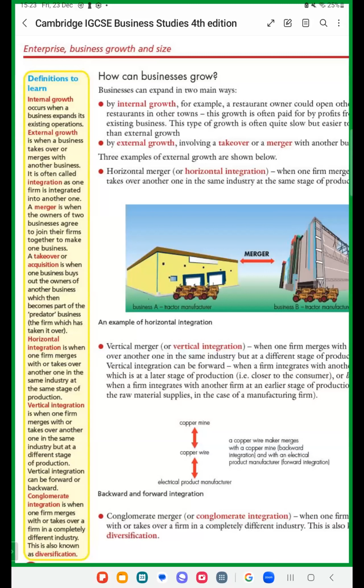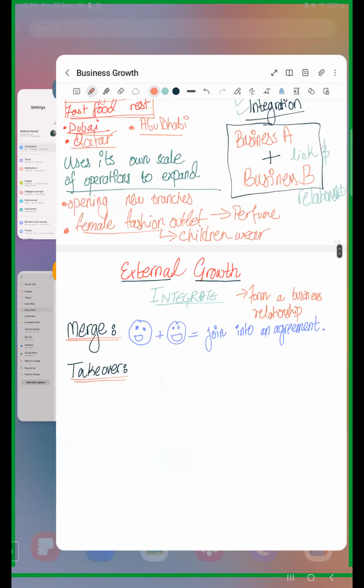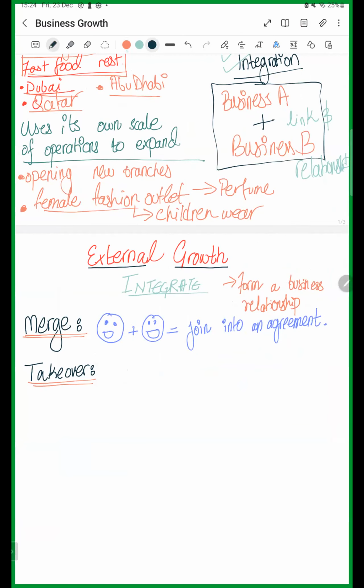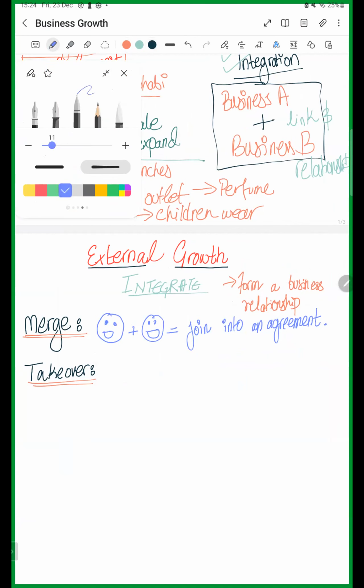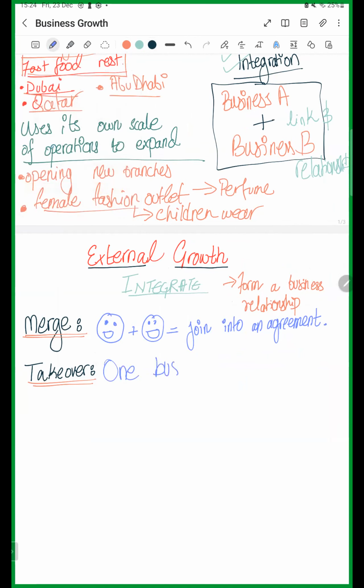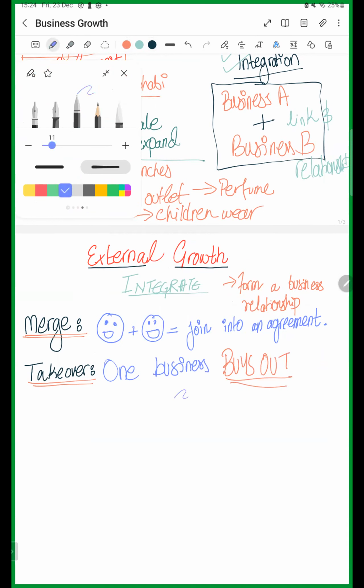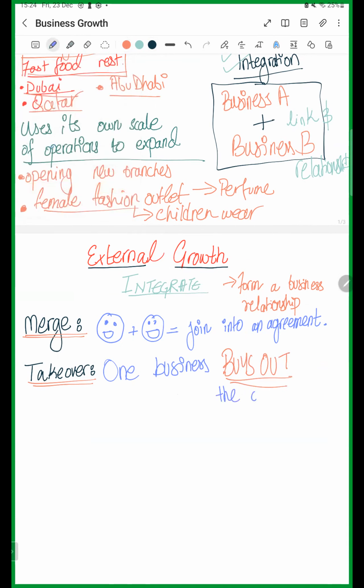It says a takeover, also known as an acquisition, is when one business buys out the owner of another business. I won't use the rest of the complicated definition. Let's write this down. So when one business, okay, this is what a takeover is.